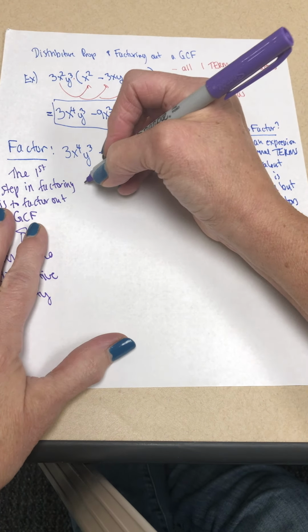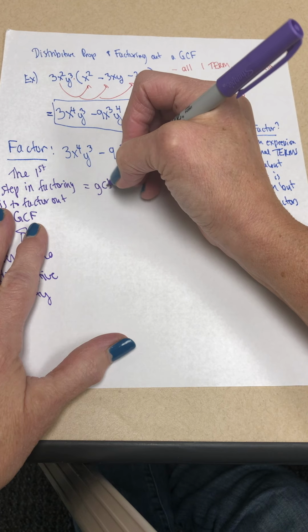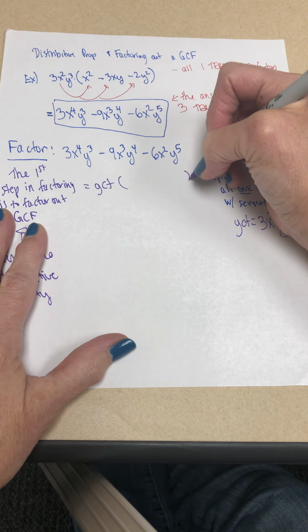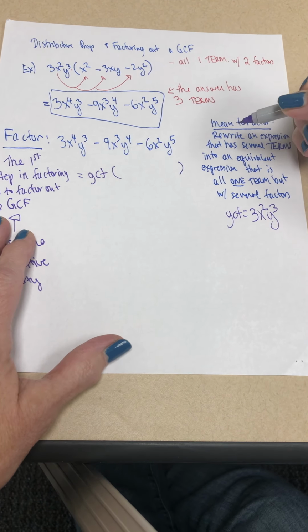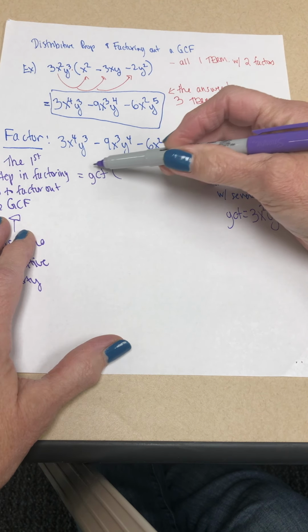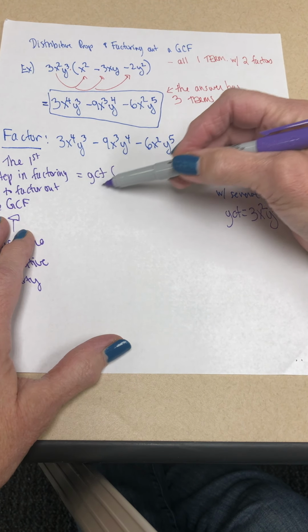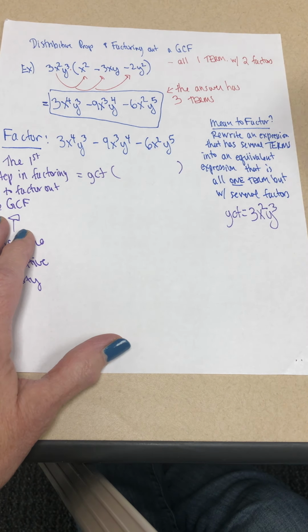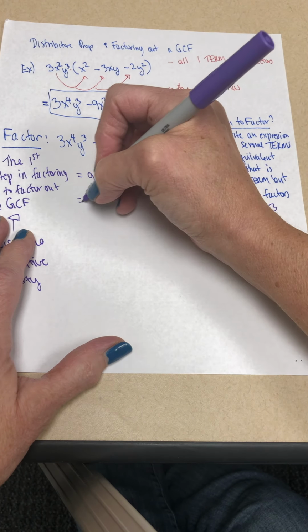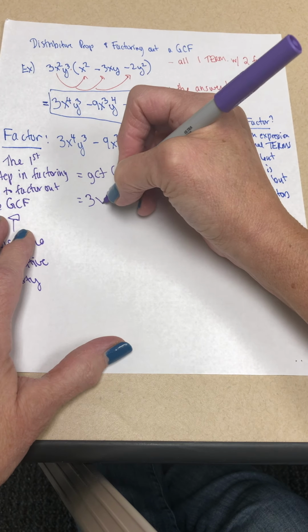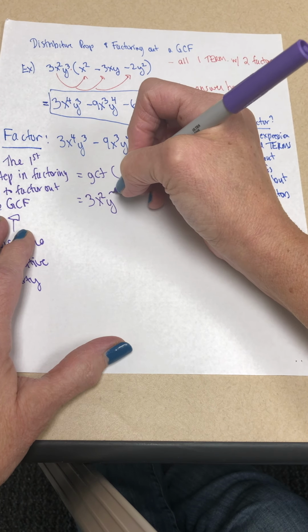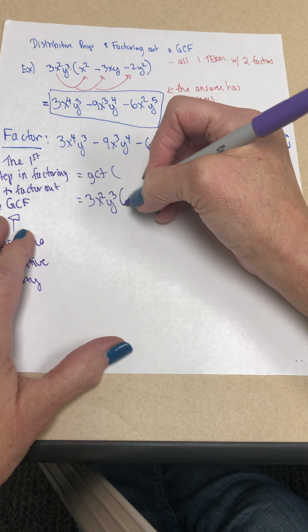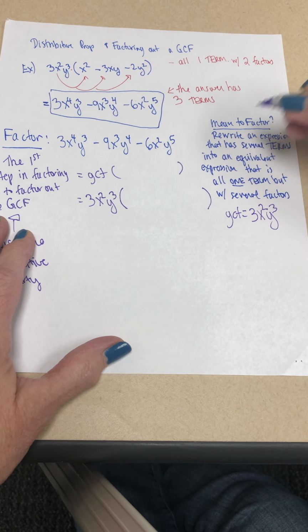And remember that we're reversing the distributive property. So the answer should look like some binomial here times something in a big fat parentheses. Well, the GCF is 3x squared y cubed times something.